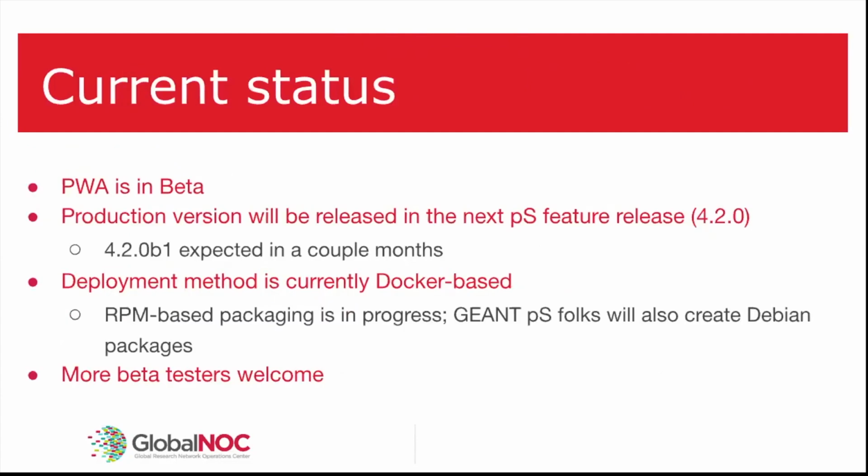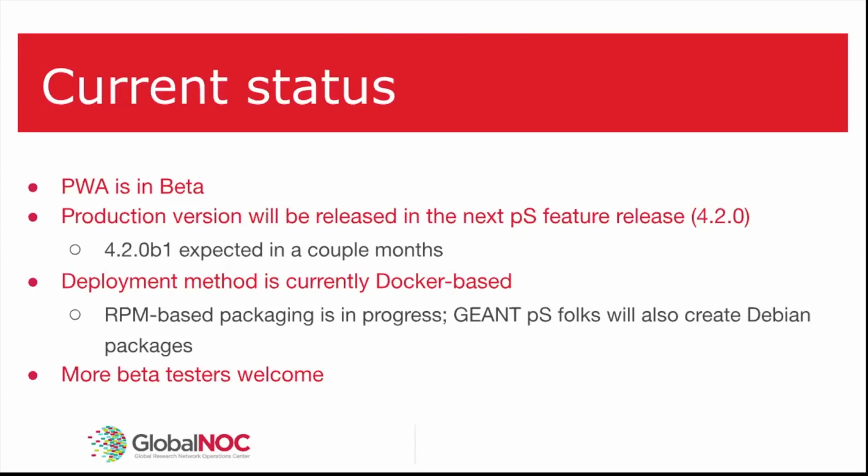So the status of PWA right now is it's still in beta, but the production version is going to be released in the next perfSONAR feature release, which will be 4.2.0. 4.2.0 beta 1 is going to be coming in a couple of months probably. Currently, the deployment model of this is Docker-based, and we're actively in the process of getting RPM packaging working.